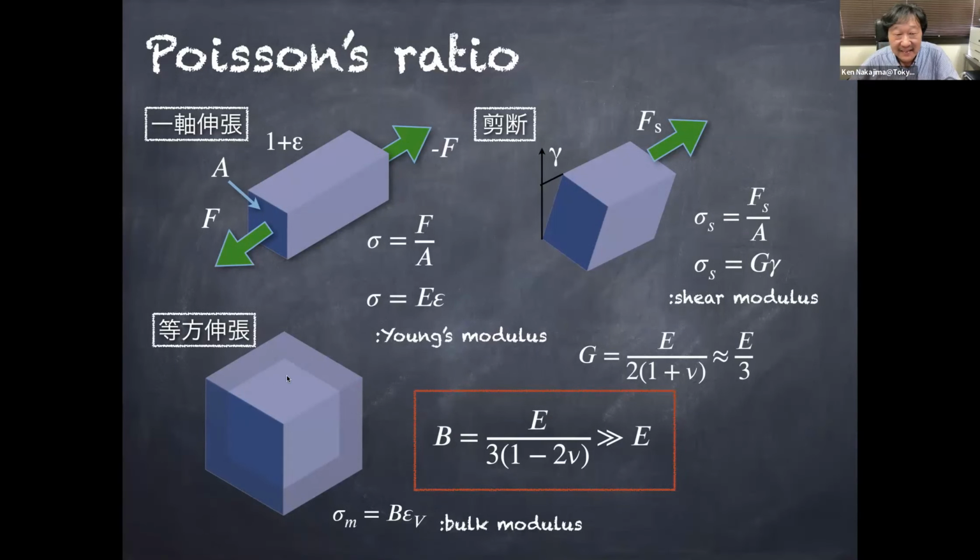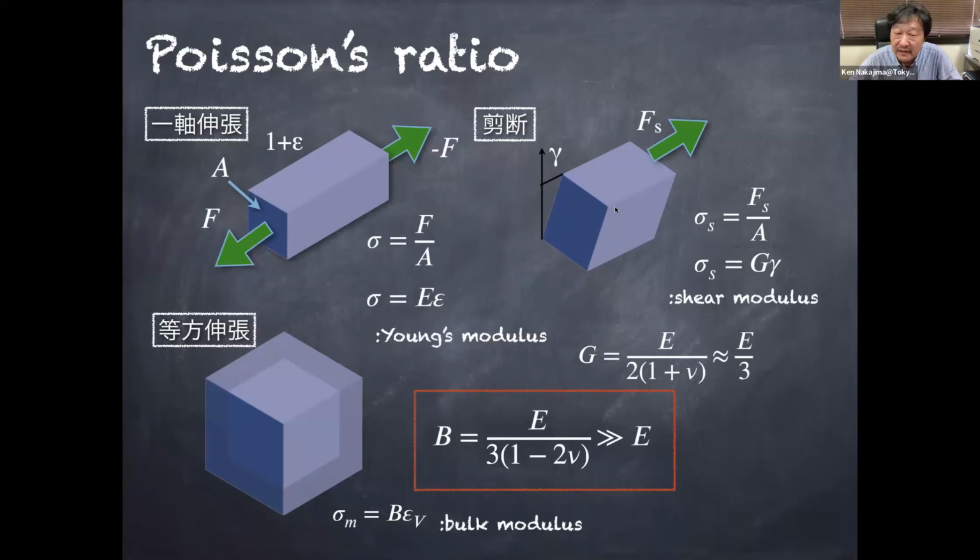In any case, if you give a force, they have a restoring force when it gets back. If you apply force in this direction and the area is this, then force divided by area is a stress. And the stress and strain have a linear relationship. If the strain level is small enough, then this proportional constant is called Young's modulus, as you may know.